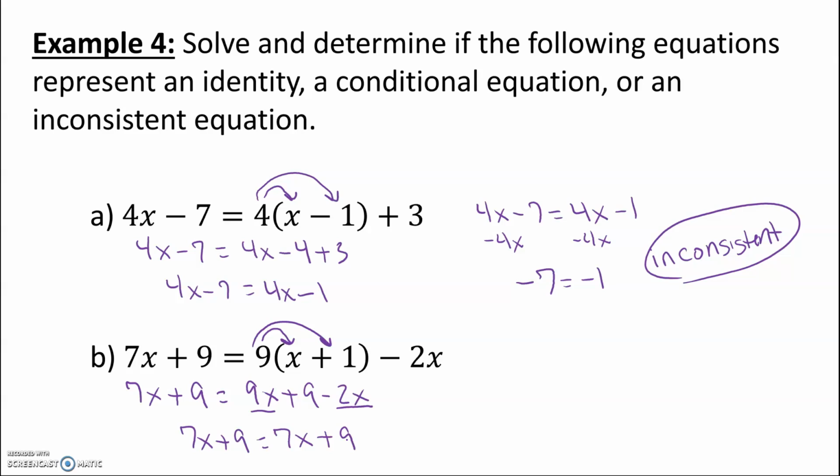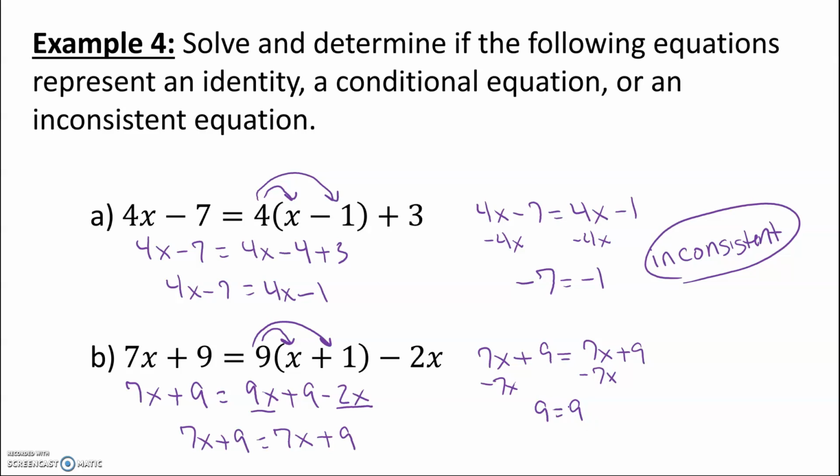And notice you have the same thing on both sides. If you want to, you could keep going. I'm hoping you realize here that it's an identity, it's the same thing on both sides. But if you kept going, subtract 7x, you'll get 9 equals 9.